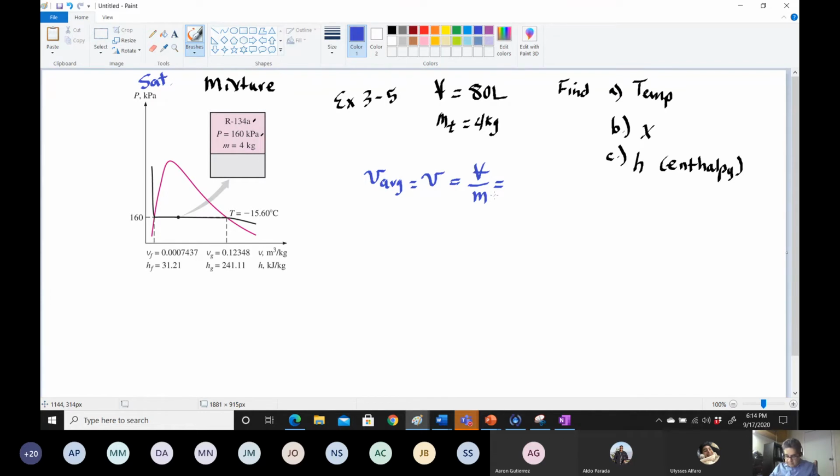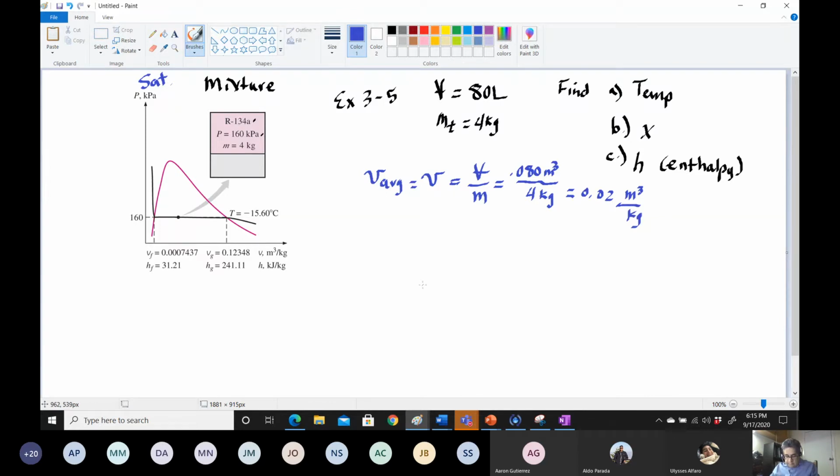So our specific volume of that tank is equal to 80 liters, which is the same thing as 0.080 meters cubed, because it's 1,000 liters in a meter cubed, divided by the total mass of 4 kilograms. And this is equal to 0.02 meters cubed per kilogram.